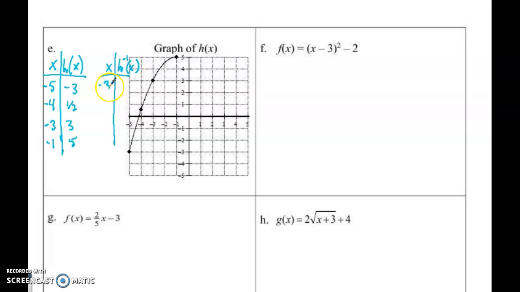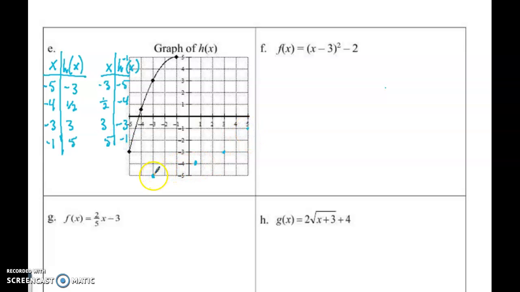So (-3, -5), just switch. (-3, -5), (1/2, -4). And it doesn't have to be perfect. Obviously I'm rounding, or maybe it's not obvious, but I am just approximating that value. (3, -3), and then what's the last one? (5, -1).